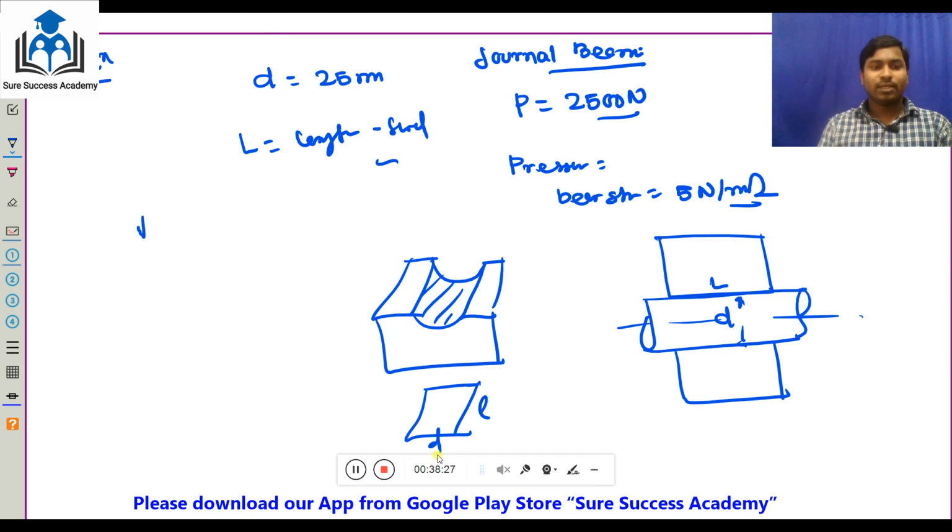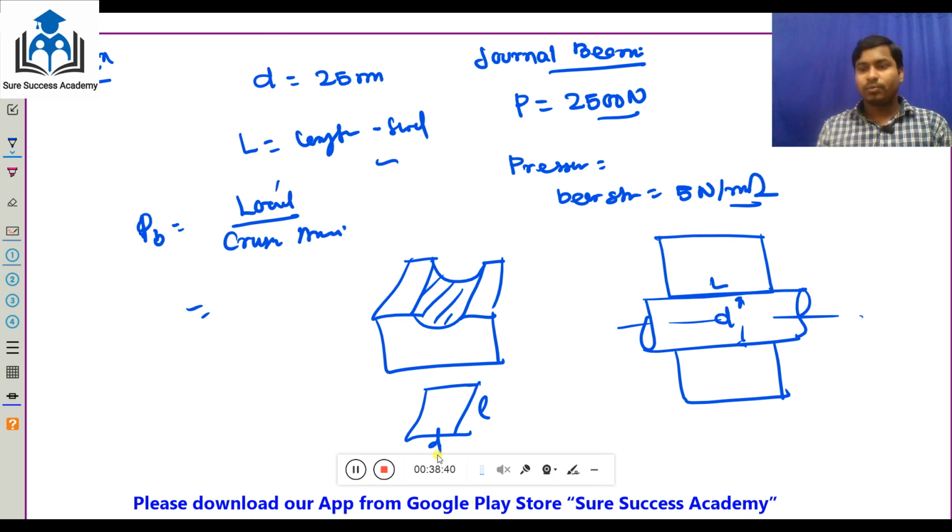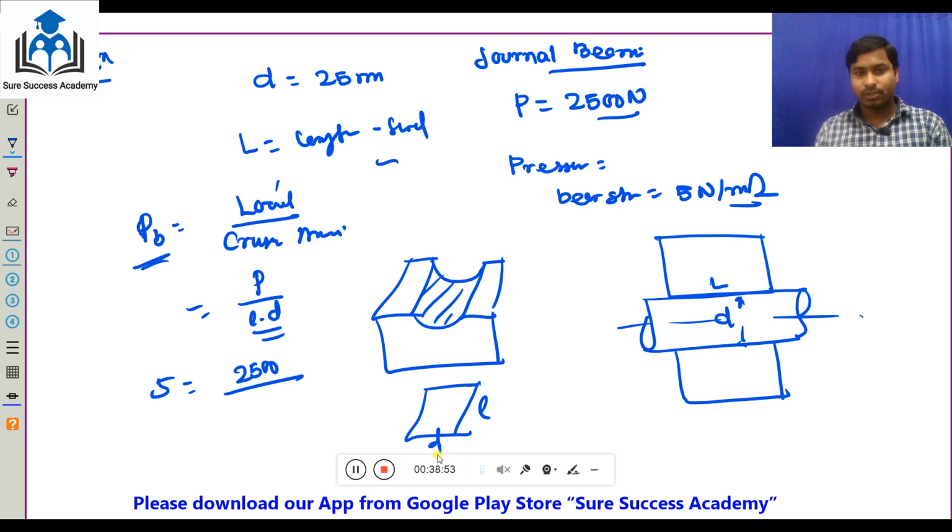You know that bearing stress or bearing pressure is equal to load divided by the crushing area, that is the localized compressive area, L into D. He has given P as 5 Newton per mm square, the pressure, suppose 500 is given like this.